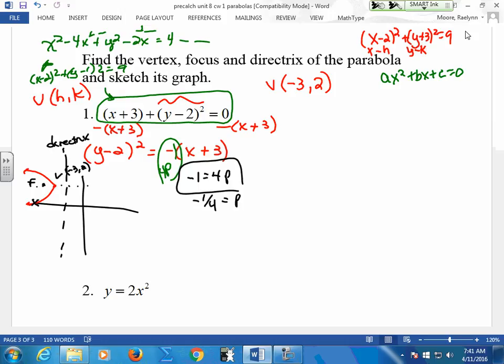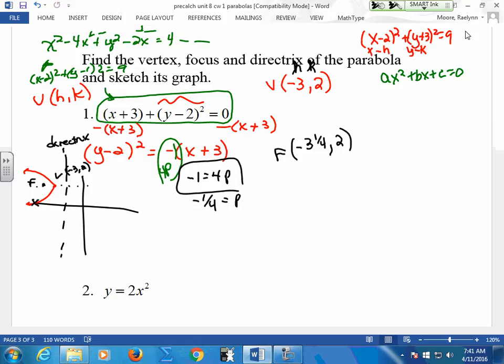H, the x one, right? So this is HK. So I'm going to go negative 1/4 that way. So what's my focus point going to be? Okay, negative 3 1/4, and my y is not changing, right?